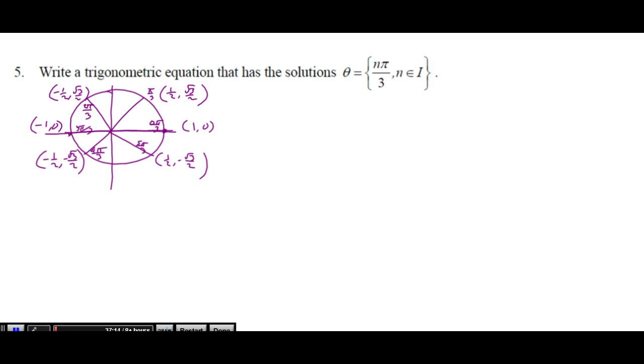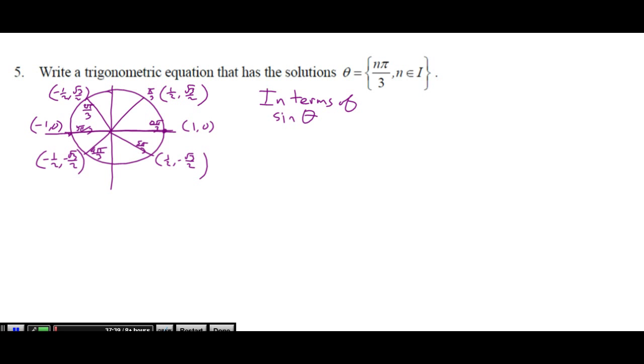Okay, so write a trig equation. Now, you can write a trig equation in terms of sine or in terms of cos, so we'll do both. Let's start with in terms of sine theta. Likely on a test we would say in terms of and then give you a particular one, right? But here we didn't say, so let's do it in terms of sine theta. Okay, so what do we know?